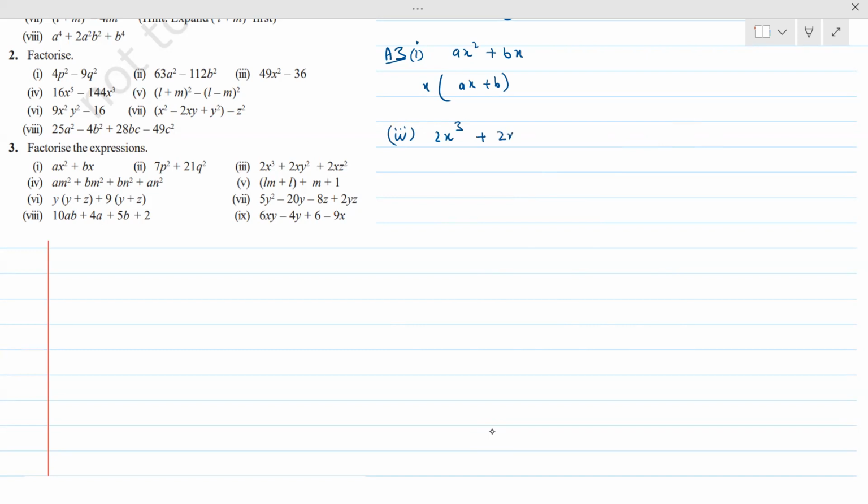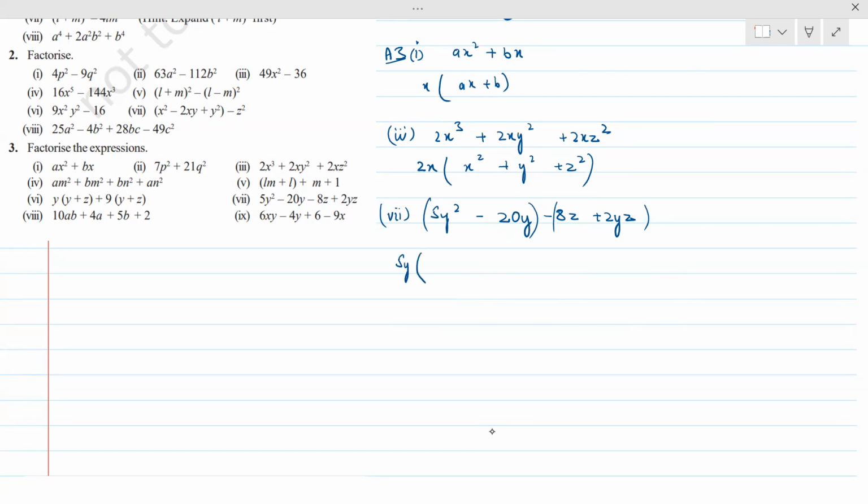Let's take third part. 2x cube plus 2xy square plus 2xz square. Which will come out to be common in this now? It will be 2x, which will give us x square plus y square plus z square. Like this you have to do. Let's take the seventh part. 5y square minus 20y minus 8z plus 2yz. Right? This is the seventh part, in which we can take 5y common because it is different parts forming.